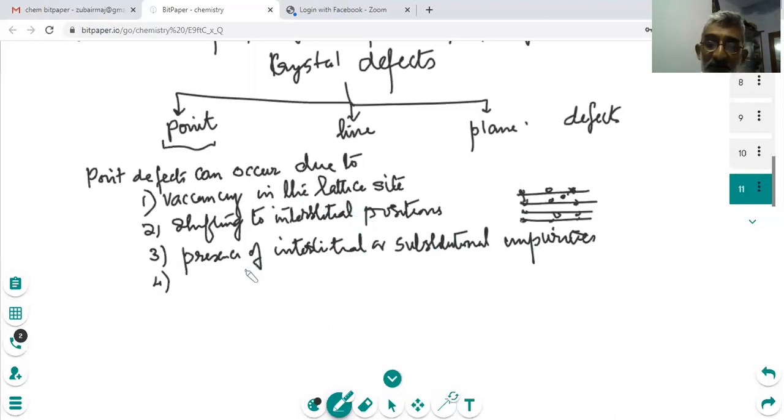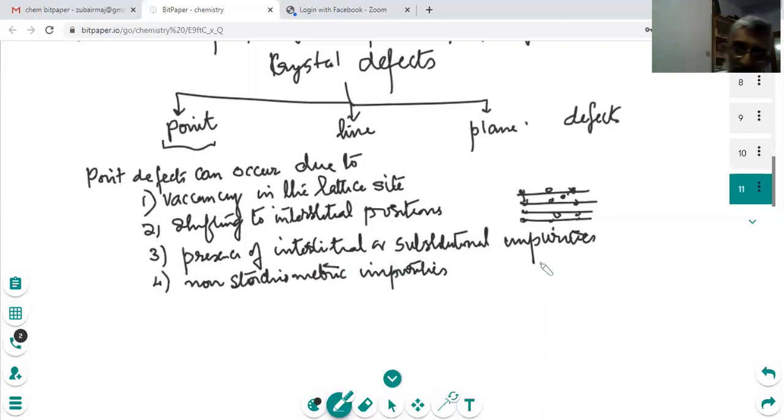The next we have non-stoichiometric impurities, that is, by the addition of impurity, the stoichiometry is changed.